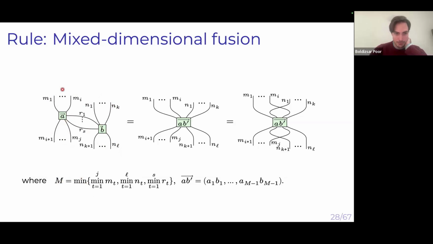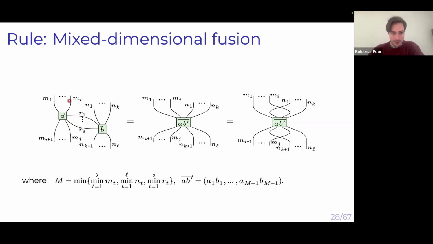So minimum of everything. When we fuse these two, you are going to get a Z spider where the parameter is only defined up to the mth element. This is purely because of the interpretation.